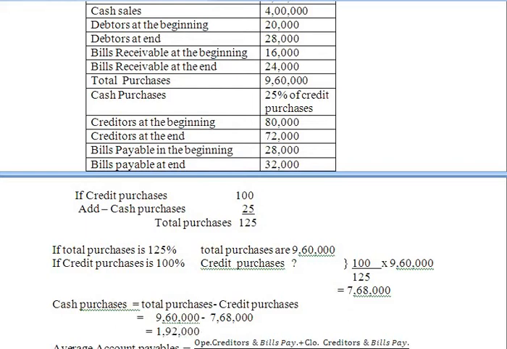You can verify: 25% of 7,68,000, you will get the same amount.